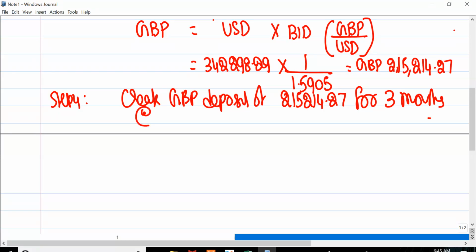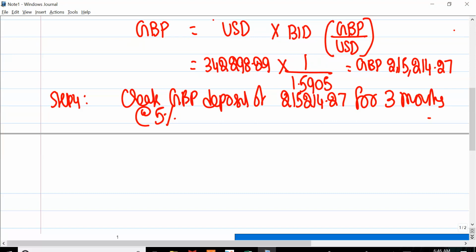What is the rate of interest for the GBP deposit? At 5%. I take the money and create a deposit. If I don't want to create a deposit, I'll use it to repay the loan, whatever the company wants to do. Create a GBP deposit of 215,214.27 for 3 months at 5%.